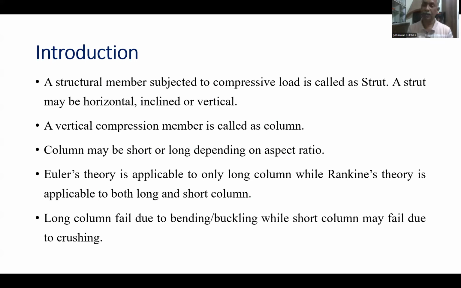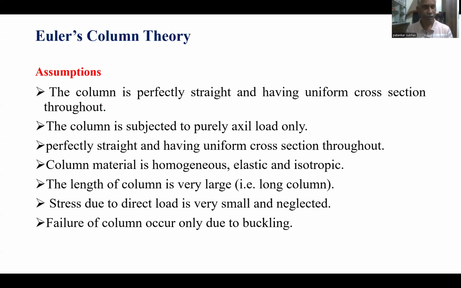Even though the load is there, the length of the column is so large, or because of the slenderness ratio, the column may buckle or bend, while a short column may fail due to crushing.